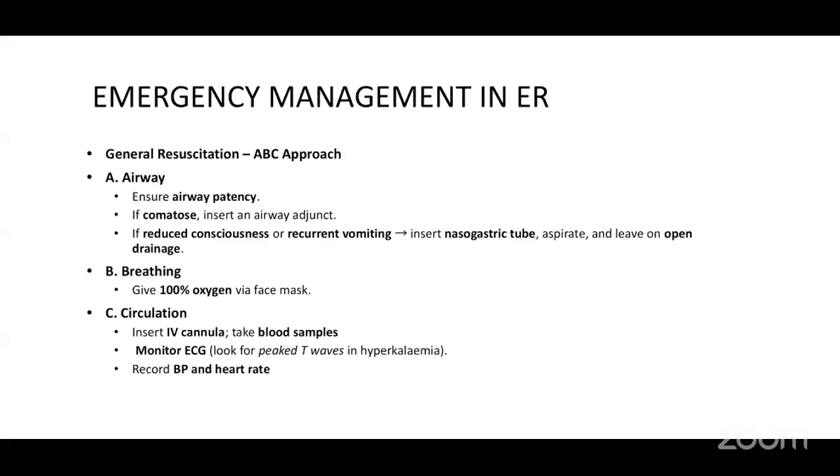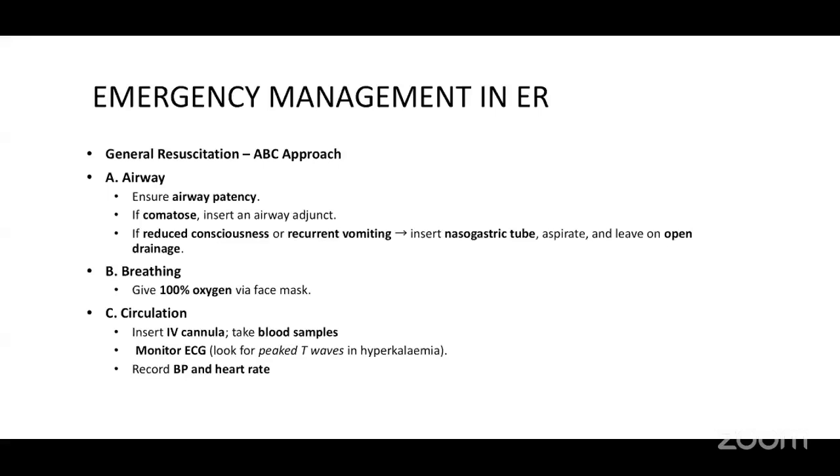You repeat the same boluses if the child is in persistent shock even after the first bolus. You keep reassessing. A maximum of 40 ml per kg has to be given, and after that you have to consider inotropes alongside fluid resuscitation. In severe cases, the child might need ICU care, so you have to involve the intensivist and the pediatrician also.